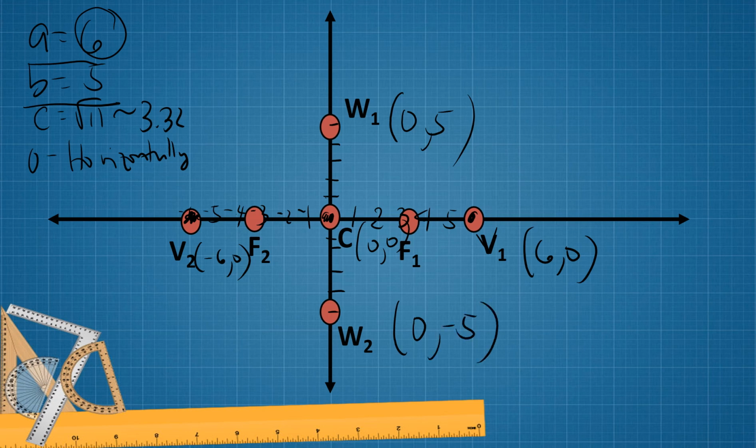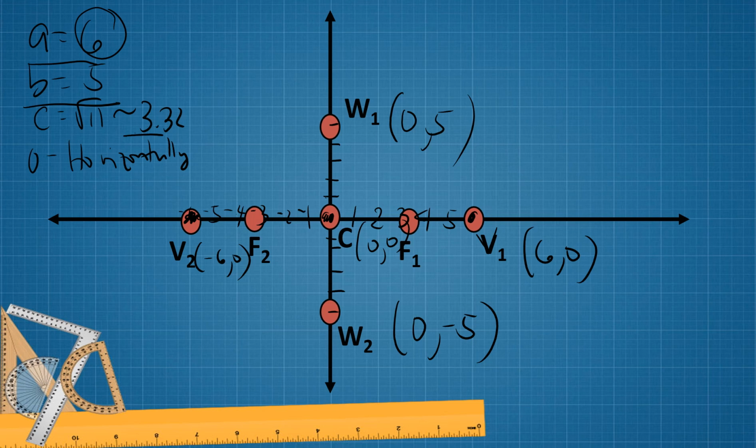Now, we already have the co-vertices. In order for us to find or locate the foci, we use c, which is equal to square root of 11, or approximately 3.32. Bakit po natin kinuha yung decimal form? Kasi po, hindi natin malolocate kapag square root of 11. So para malocate natin kung ilang units, we need to convert this into decimal form, and that's 3.32.